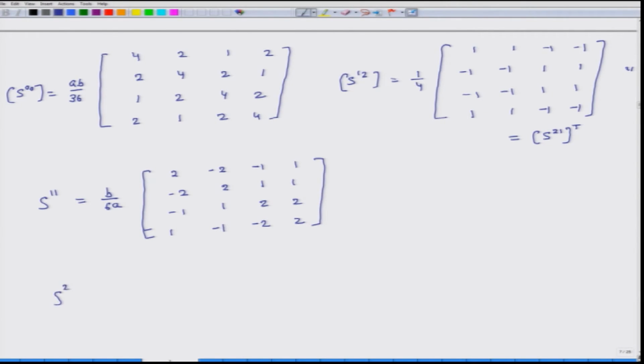And then finally S22 is equal to A over 6B times the matrix: 2, 1, minus 1, minus 2, 1, 2, minus 2, minus 1, minus 1, minus 2, 2, 1, minus 2, minus 1, 1, 2.